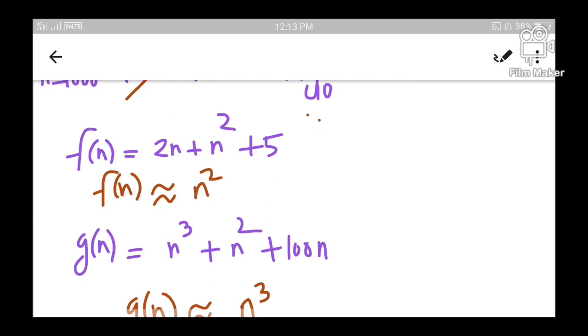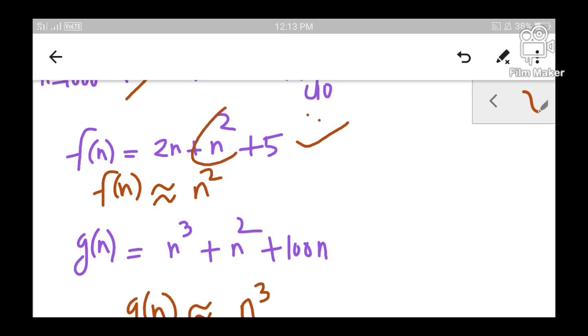Suppose I am having the value of f of n as 2n plus n square plus 5. There are 3 terms in this function, and I need to find which term is associated with the highest power of n.